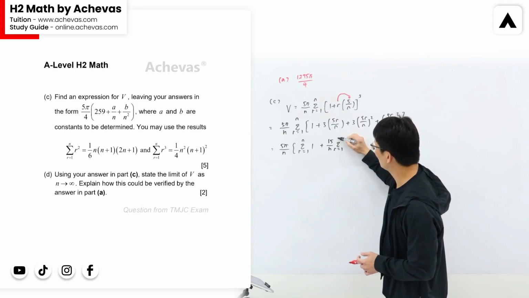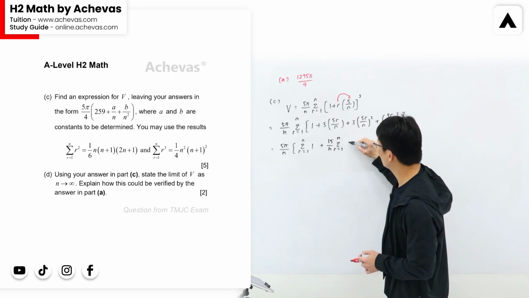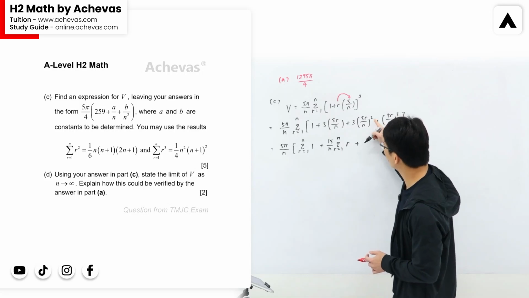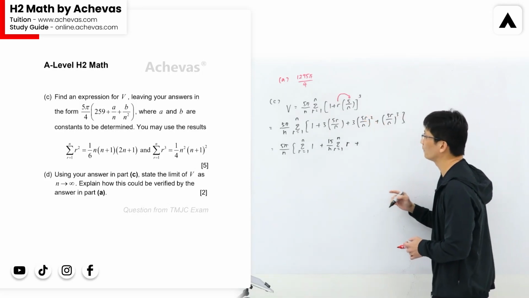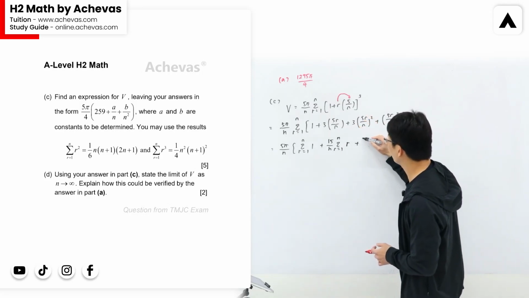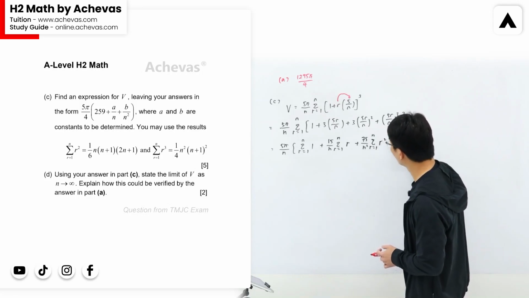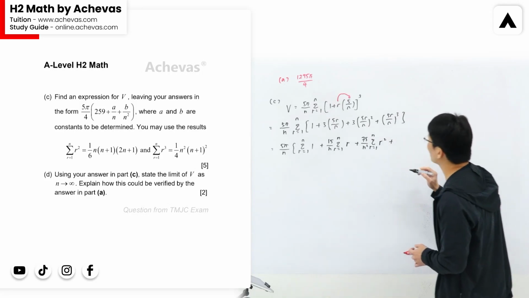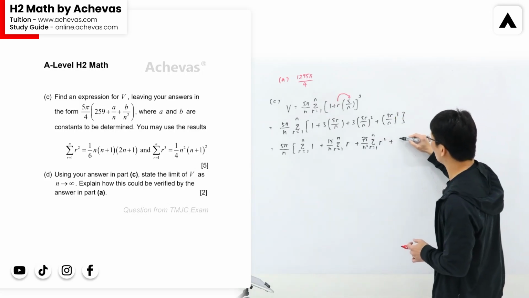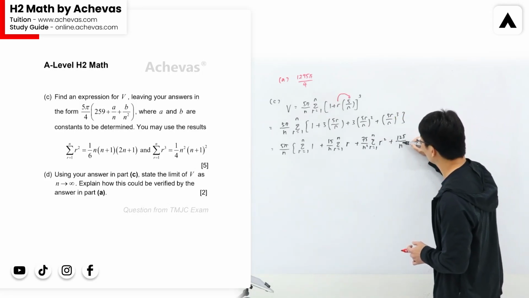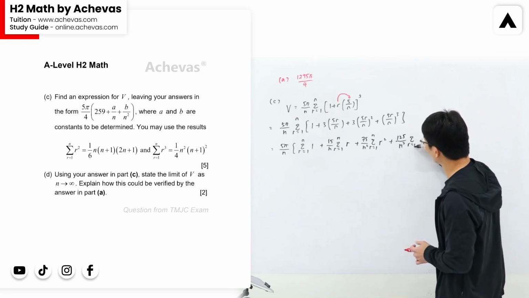So I end up with 15 over n, summation of r. Similarly, when I square 5, I get 25 times 3, which is 75, and the denominator has n squared. So it's summation r equal to 1 to n of r squared. And for this last term, if I cube it, I will have 125 over n cubed, summation r equal to 1 to n of r cubed.